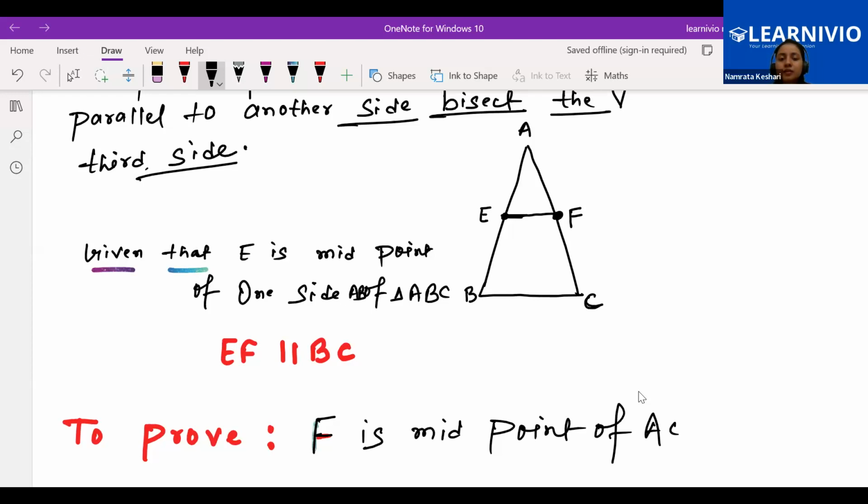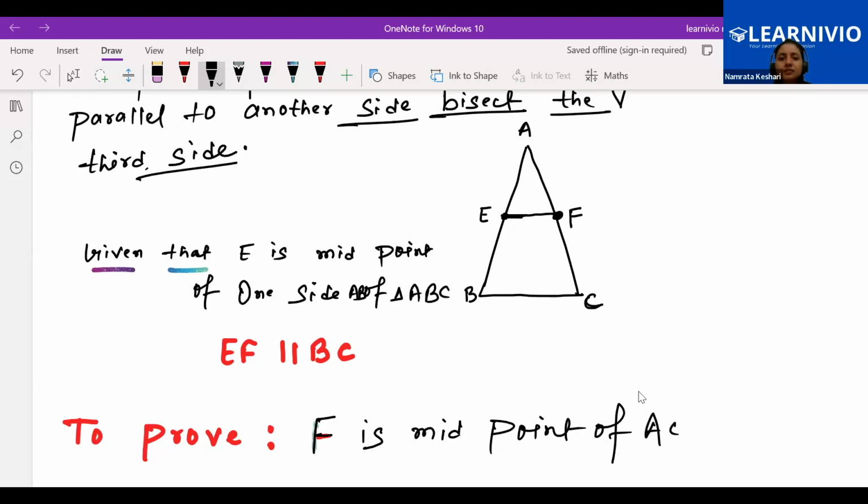You tell me what approach you are thinking about. I have to prove F is the midpoint of AC. E is the midpoint of AB, then F should be the midpoint of AC because of the converse of the midpoint theorem. Yes, the statement was there, and the proof of the midpoint theorem was there by using congruency of triangles.